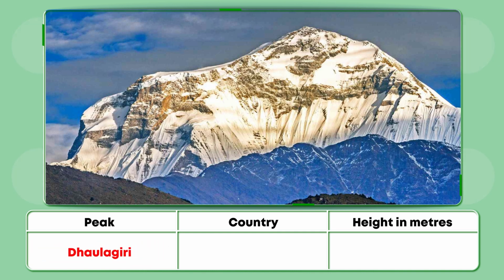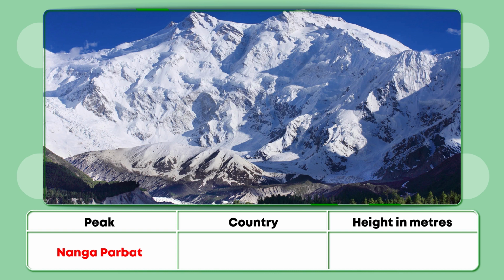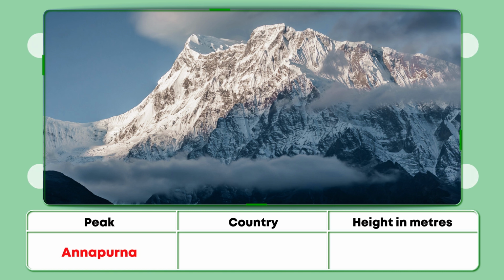Dhaulagiri, Nepal, 8,172 meters. Nanga Parbat, India, 8,126 meters. Annapurna, Nepal, 8,078 meters.